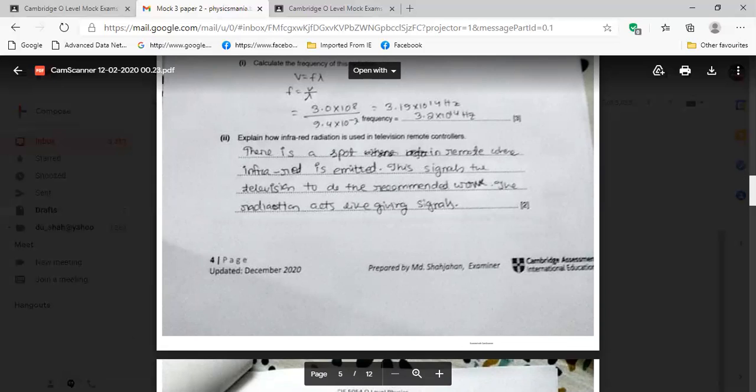Then again, that electric signal is converted to light signal, right? So this way we will write the information over here. Sir, can you say it again? Infrared is converted to electrical signal, and electrical signal is converted to light form.